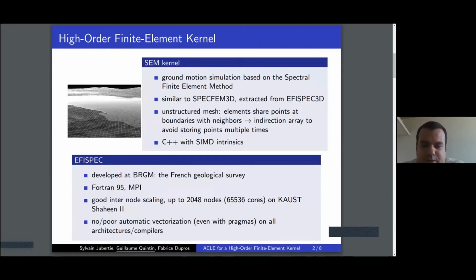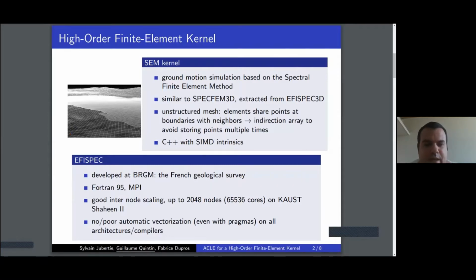This means that we will have to do gathers and scatters, and so this is not that good for memory accesses. We have written the kernel with C intrinsics. It's written in C++ because it's a CPP file, but it's not really C++. It's more C than C++.